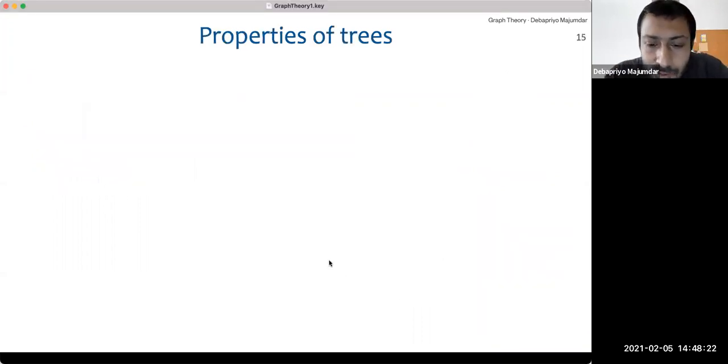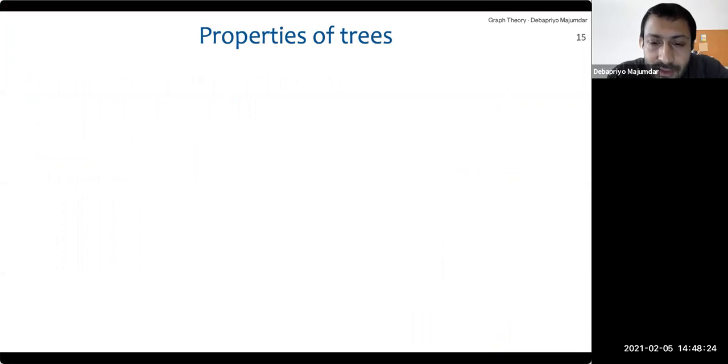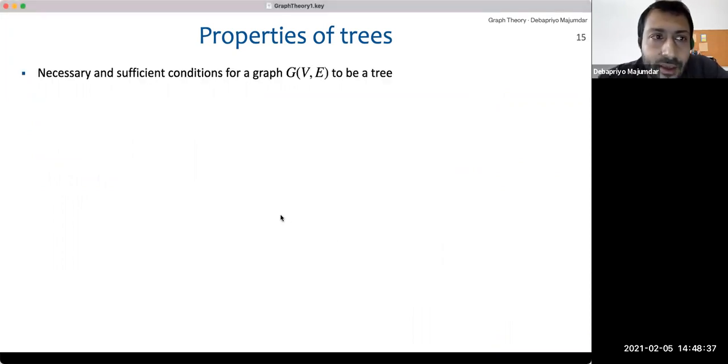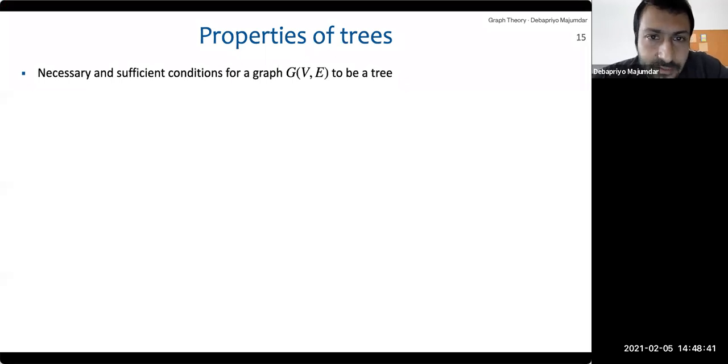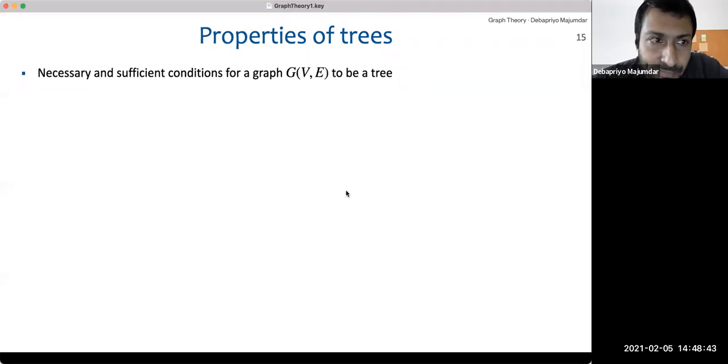Today we'll look at some properties of trees, and we'll prove one of them, and then we'll stop for today and continue from the next class. There are certain necessary and sufficient conditions for a graph to be a tree.